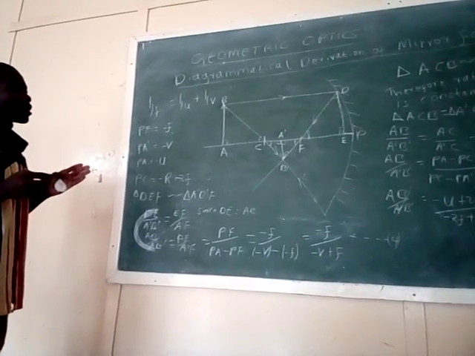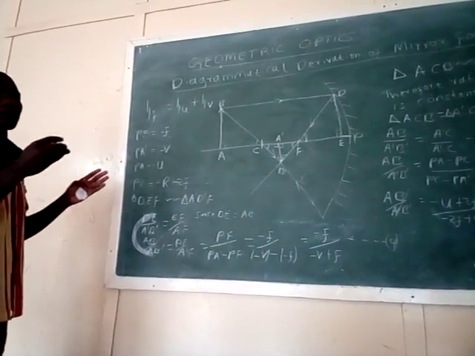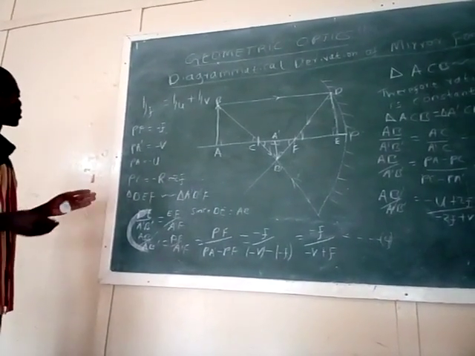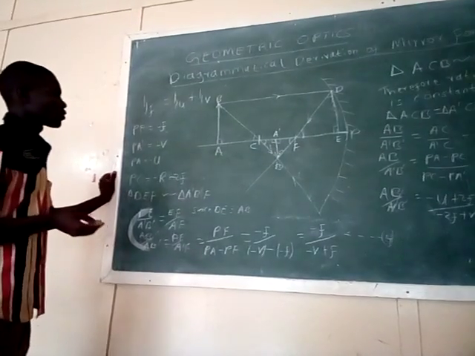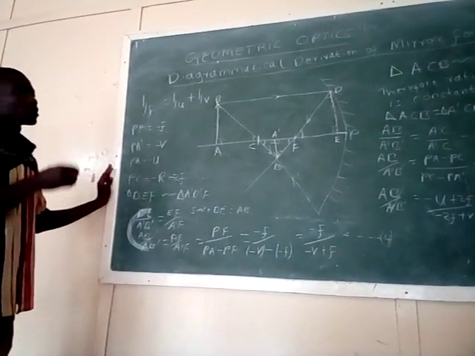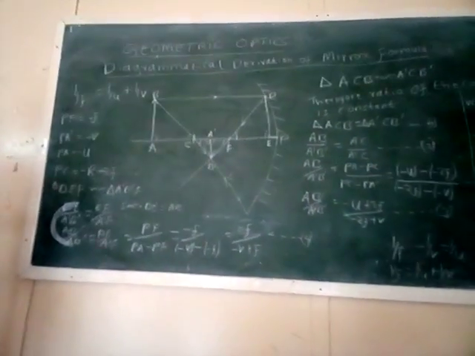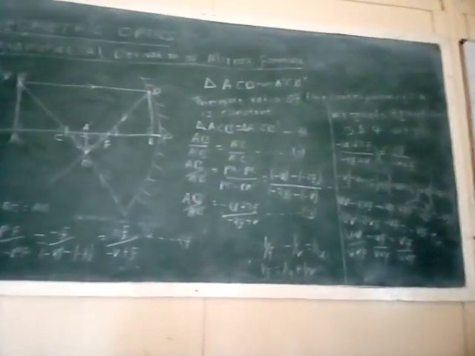Another thing is that we only consider the similarity of triangles, and considering the similarity of triangles, we are going to end up getting all these things. So you just apply the similar triangles. The same will apply to the lens formula.